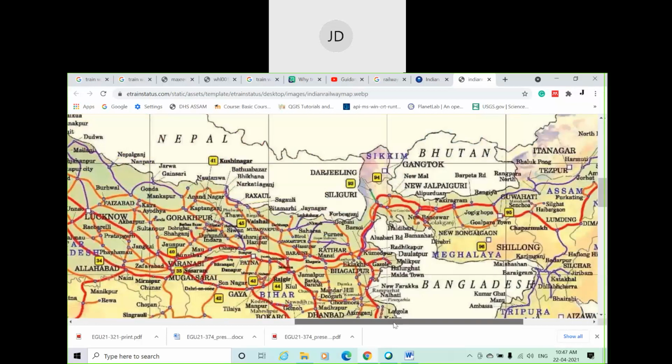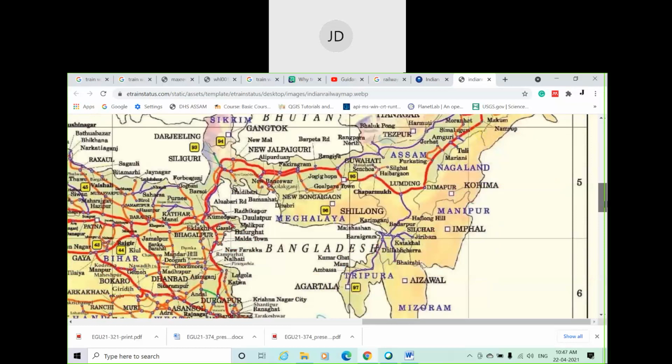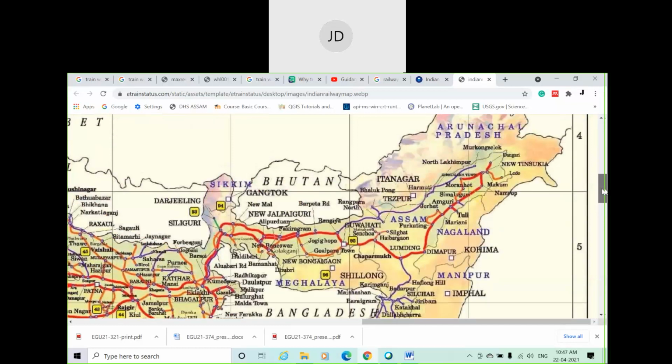Even if you see Assam or Northeast India, you can see different gauges are there. There you can see the main line, the broad gauge line, is connected to different states, West Bengal. This dark red line. Other lines are also available here. Since we have a hilly area, we are not using too much broad gauge here.